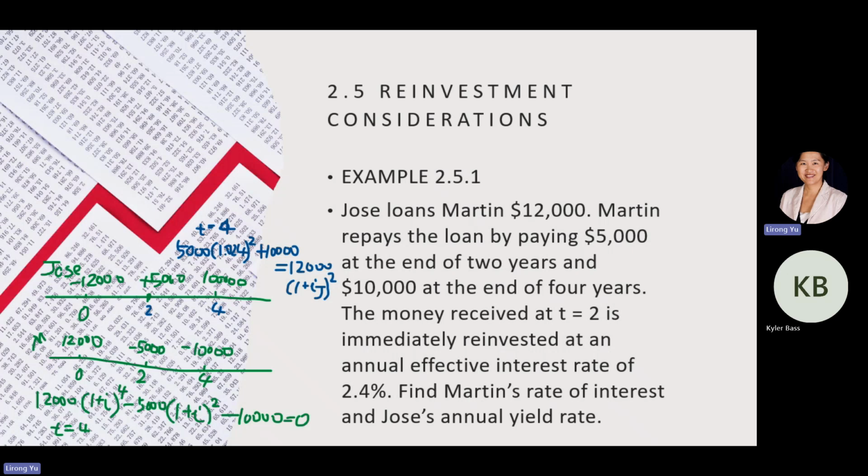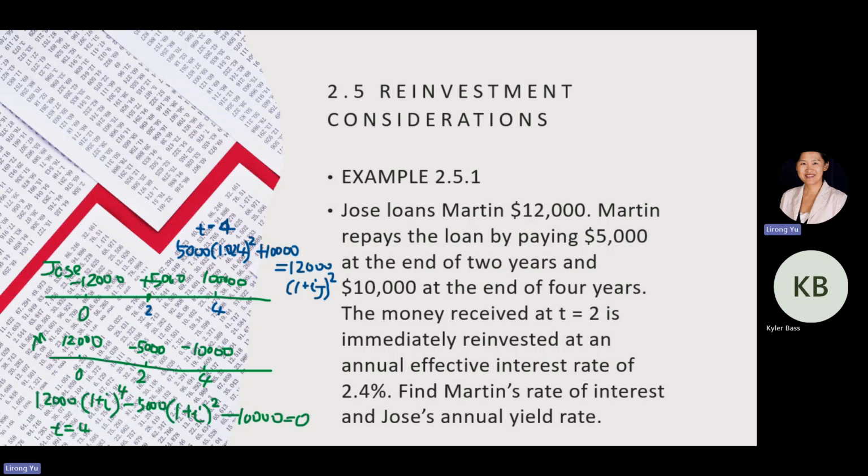So from time 2 to time 4, it increased by 1.024 to the power 2. At time 4, the 10,000 is still 10,000. So that will be the time 4 equation for Jose. Solving for i_J, we will have Jose's yield rate of return. Any questions?